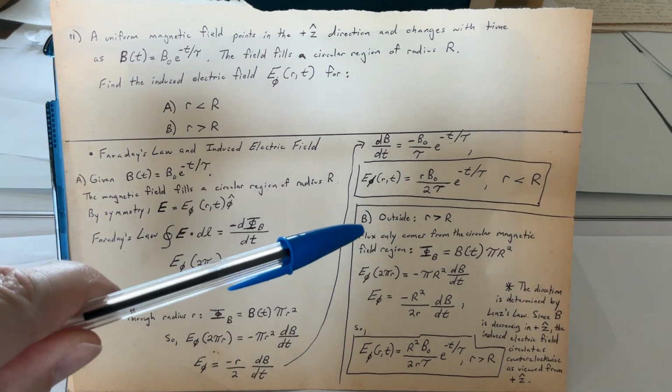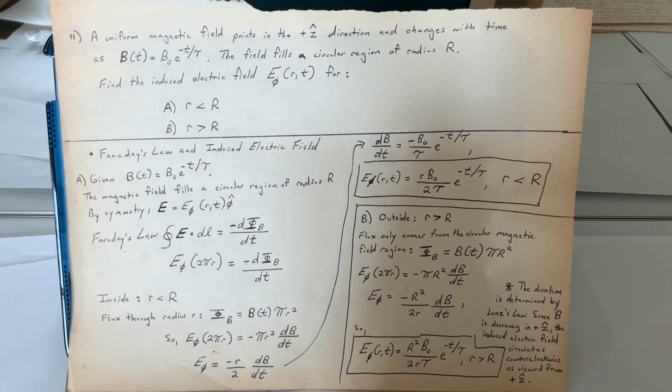And now we do outside, where lowercase r is greater than capital R. Here, the flux only comes from the circular magnetic field region.